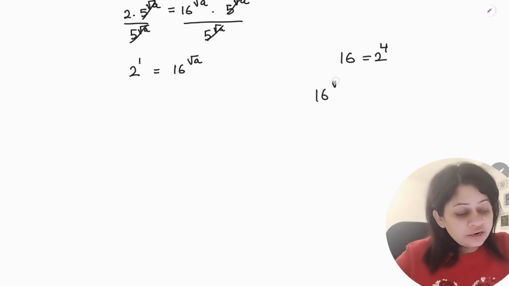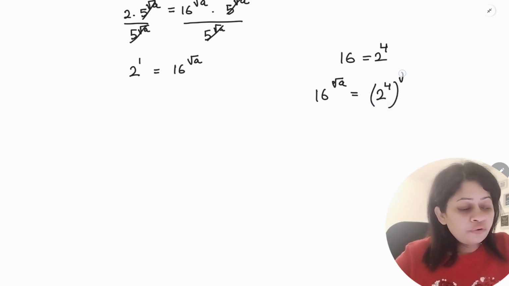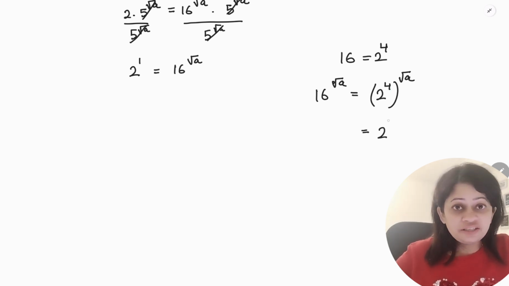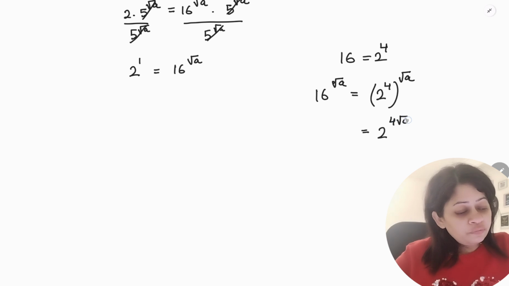So 16 raised to power root a will become 2 raised to power 4 raised to power root a, which, since power raised to power gets multiplied, would become 2 raised to power 4 root a. So instead of 16 raised to power root a, I will write 2 raised to power 4 under root a.